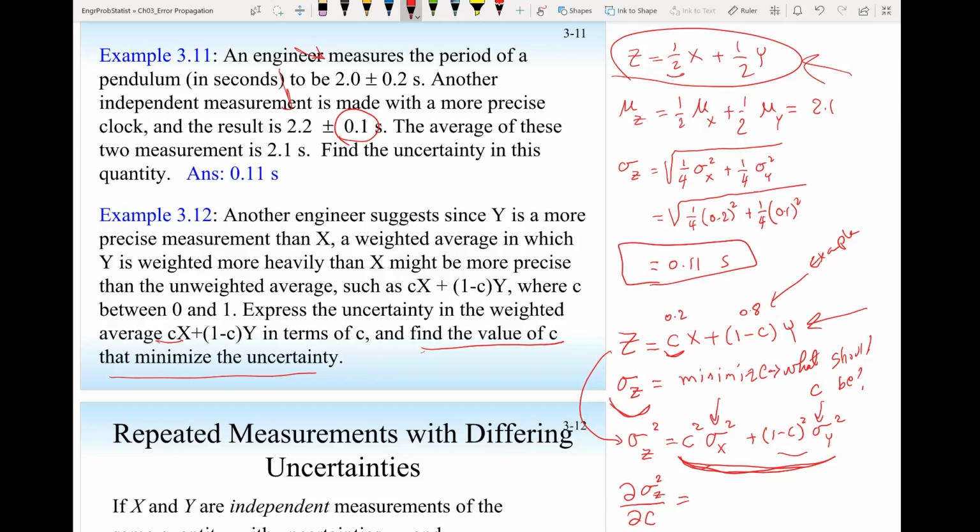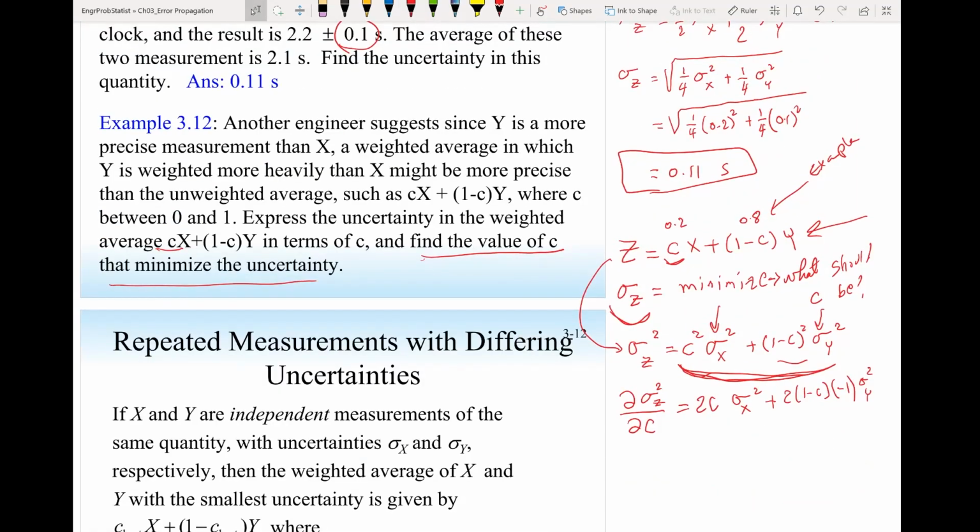So that will be 2C sigma X squared, with the sigma X squared a fixed constant, plus 2 times (1 minus C) times the derivative of the inside, which is minus 1, using the chain rule, times the constant sigma Y squared.